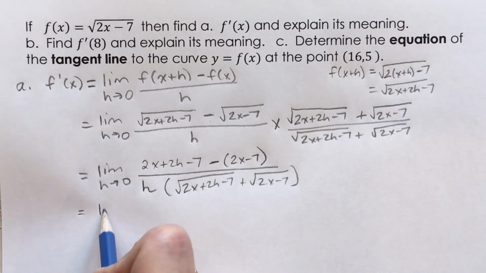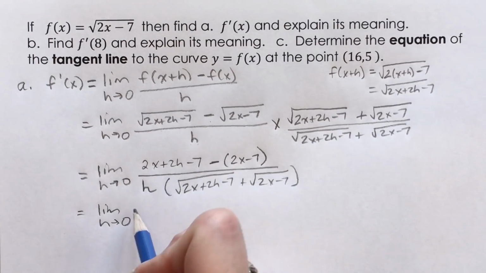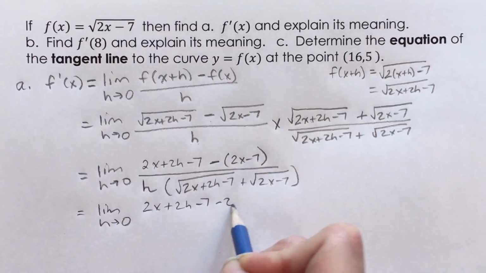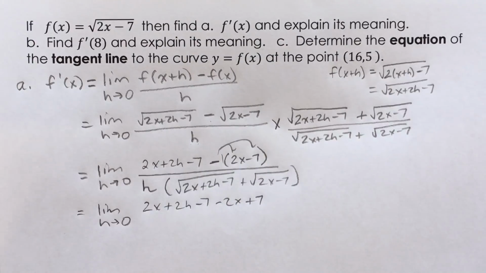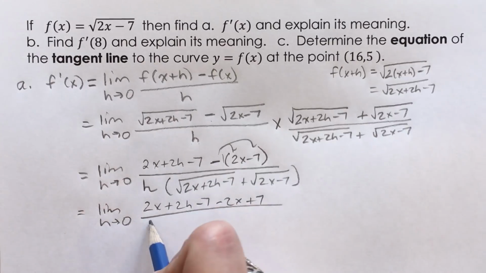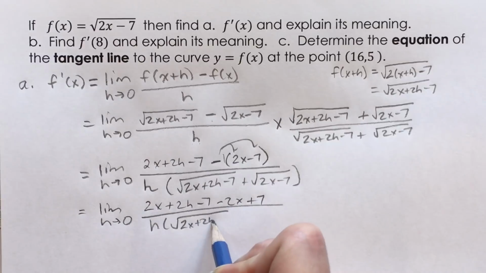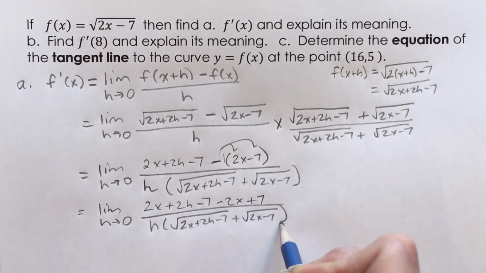Okay, so we're going to simplify in the numerator now. So actually I'll distribute first. So negative 1 times 2x is negative 2x, and negative 1 times negative 7 is positive 7, over h times this conjugate.